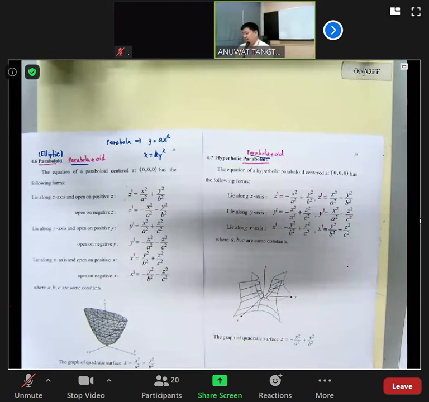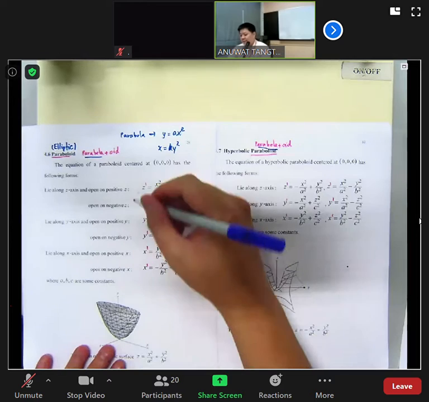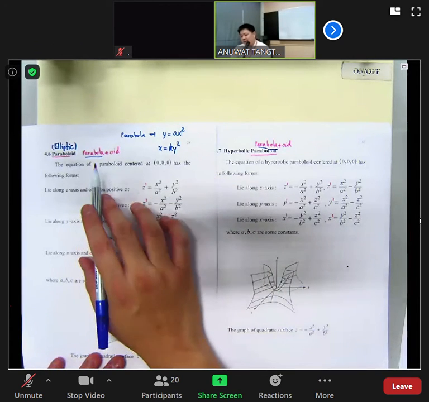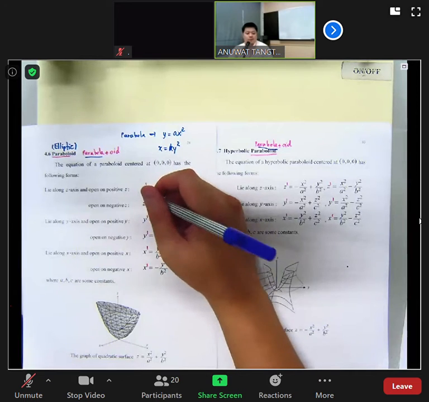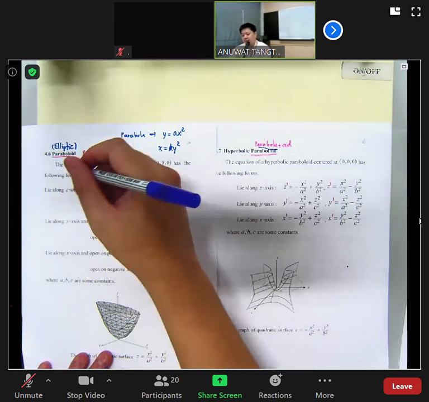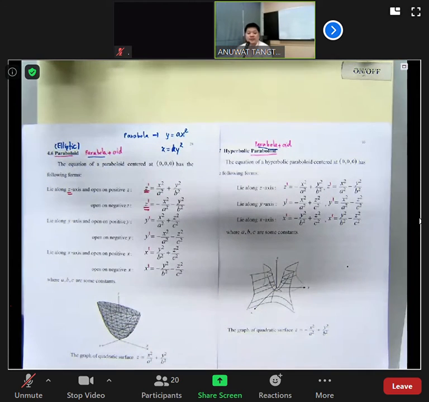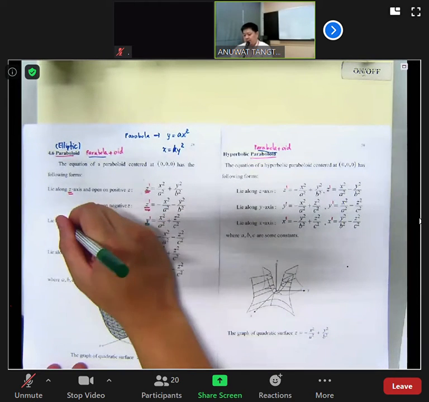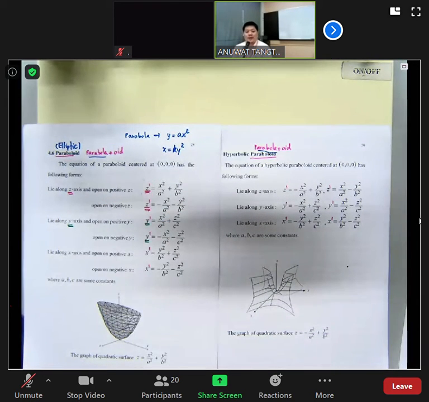Okay, now once we have that, there are many forms. What you have to keep in mind is that for a paraboloid, the variable with exponent 1 tells us the axis: with z to the exponent 1, the paraboloid would lie along the z-axis, and with y to the exponent 1, the paraboloid would lie along the y-axis.